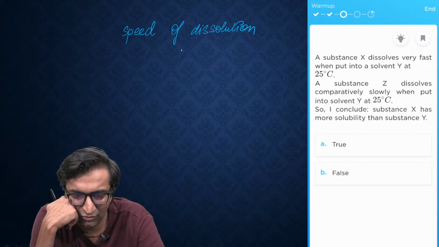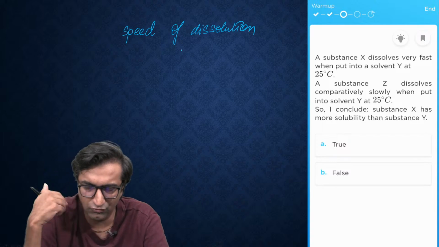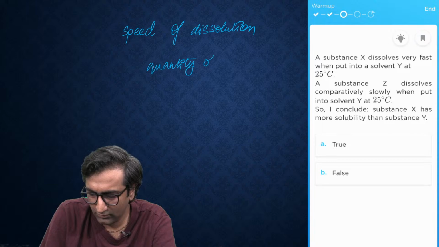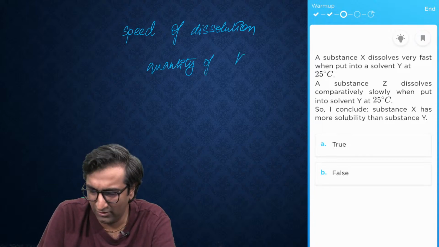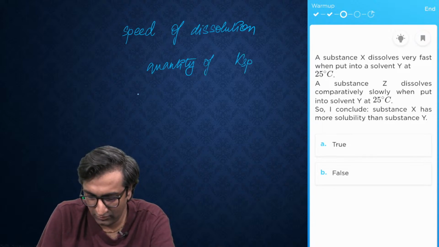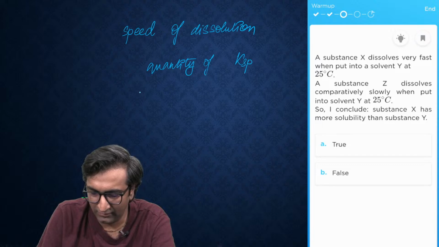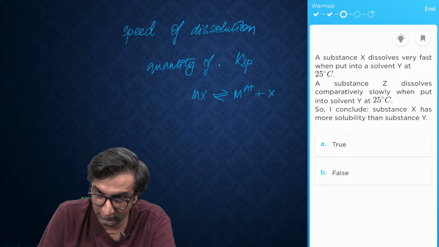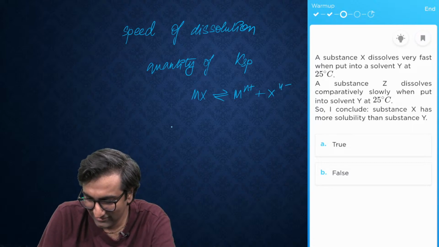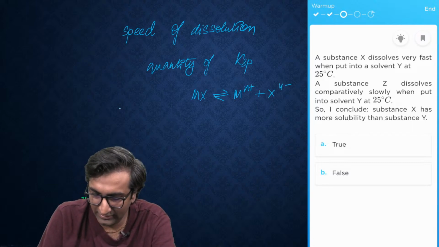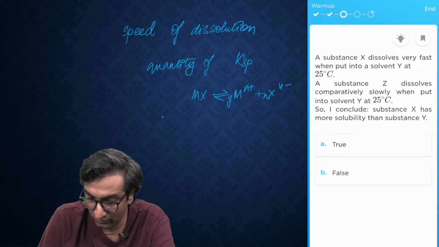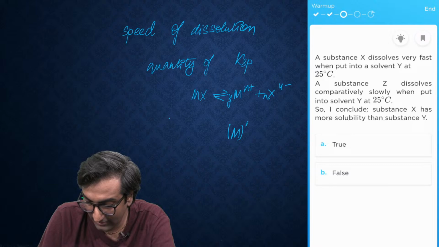Speed of dissolution has nothing to do with quantity of dissolution, because quantity of dissolution will depend on Ksp. What is Ksp? You remember this? If I have something, let's say MX, it gives me M^n+ and X^y-. If it gives many ions, say y of them and n of the others, then it will be M to the power y.